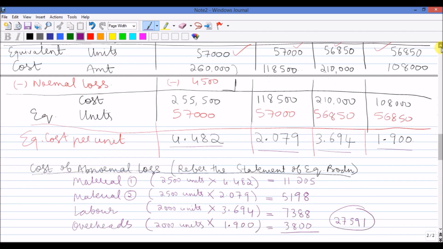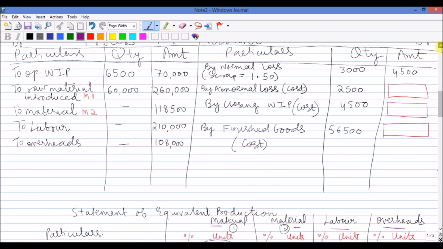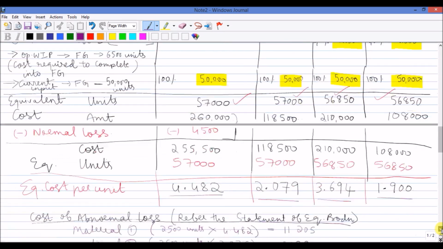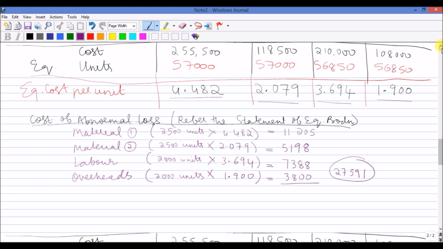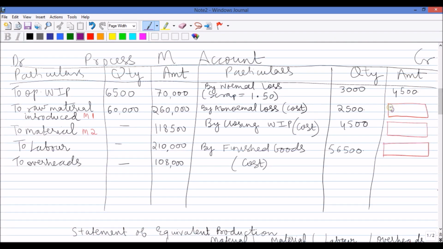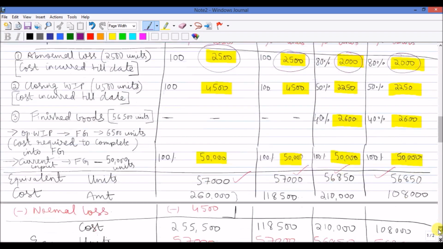Okay, so here I'm ready with the normal cost. It is 27591. Okay, now I'm moving forward to do closing work in progress.